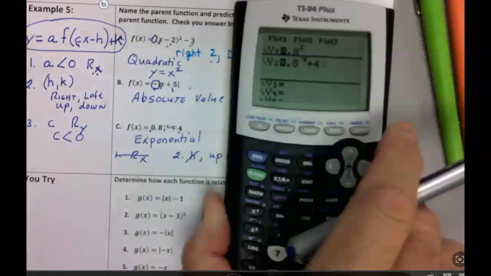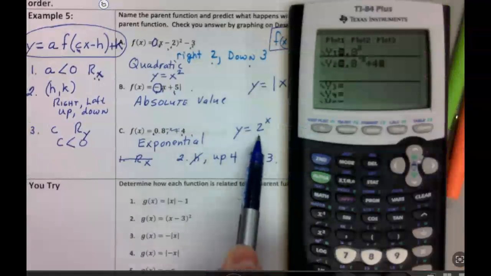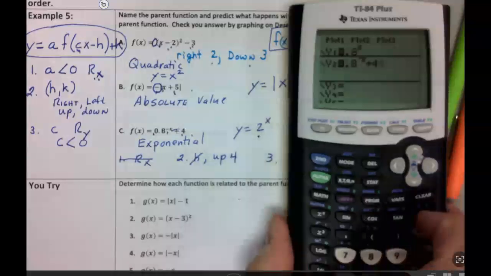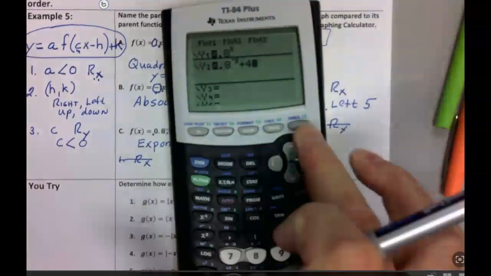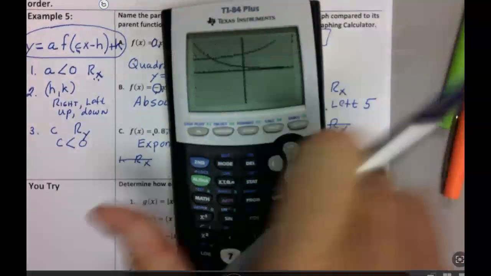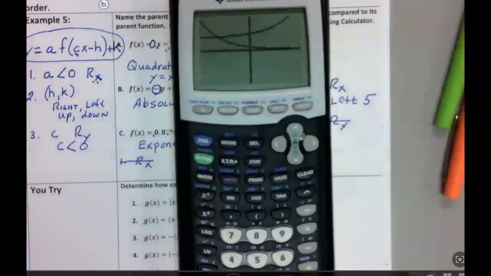All right. This was just an example I used in class, okay? Does that make sense? Yeah. And hit graph. So is this one shifted up 4 and reflected across, is it flipped over the y-axis?